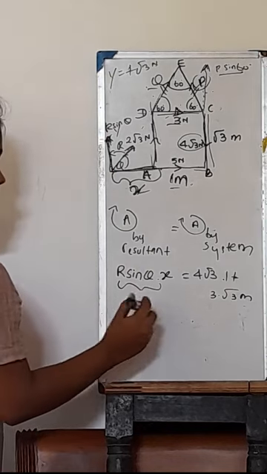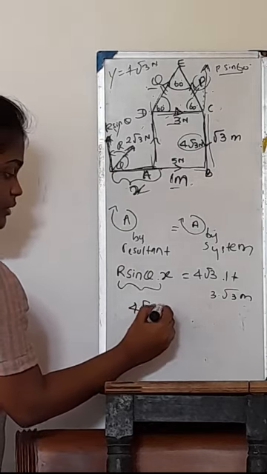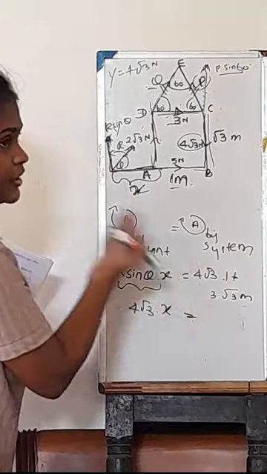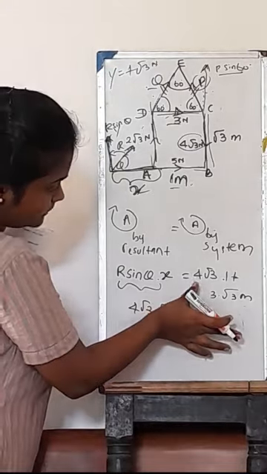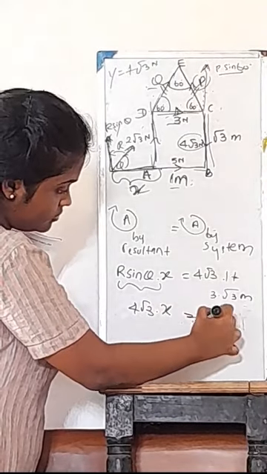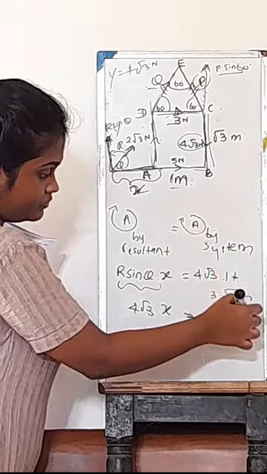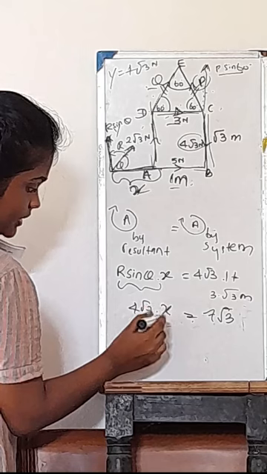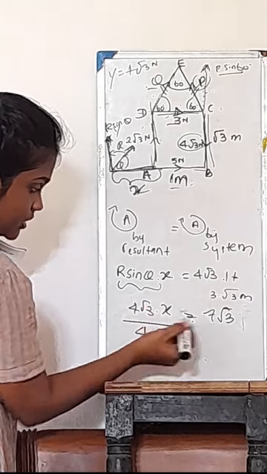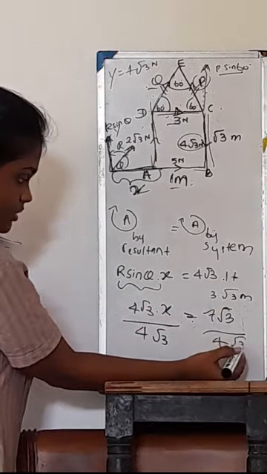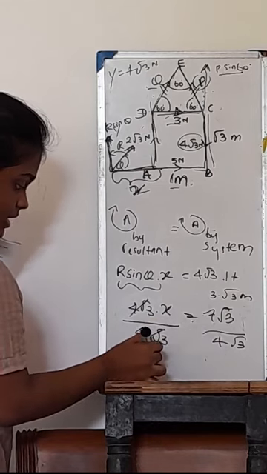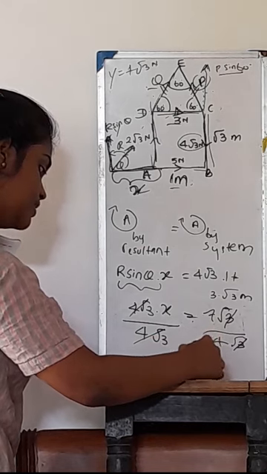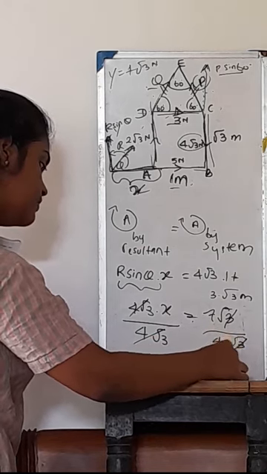So we can write 4 root 3 into x is equal to, now we have to simplify this, so you get 7 root 3. You get 7 root 3 when you simplify. So we have to find x, so I divide the whole thing by 4 root 3, 4 root 3, then x is equal to, this gets cancelled, 7 over 4 meters.